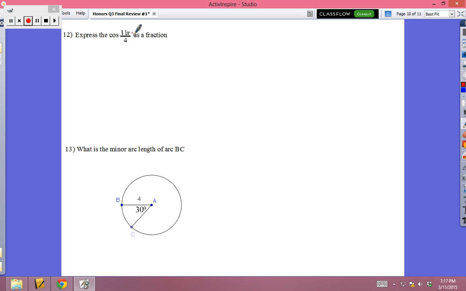Find the cosine of 11 pi over 4 radians. So first, 11 pi over 4, I know it's some kind of a 45 degree angle, I just don't know what quadrant it ends in. So if you're starting to get good at radians, if you know that the fourth is a 45, here we go.